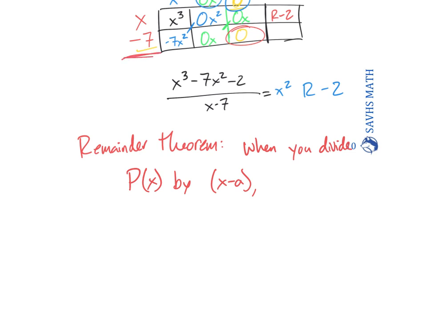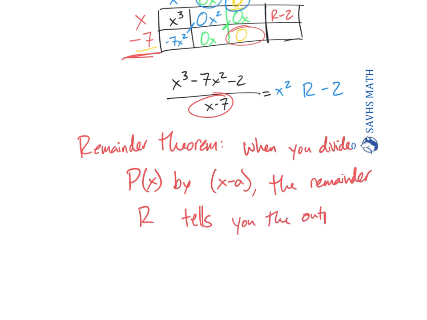We divided our polynomial by this. The remainder r tells you the output of p of a.